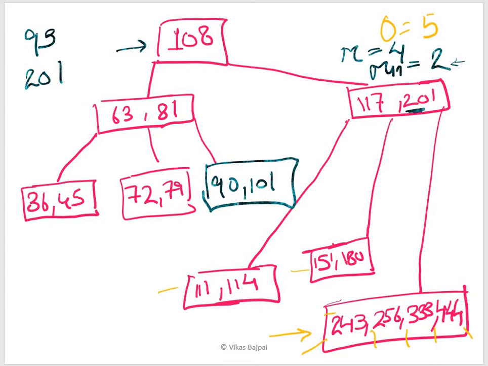Now in this case I have to look into a problem. The problem is, if I delete this, I'll only be left with 117, which is violating this particular rule, that I should have a minimum number of values, which is 2.